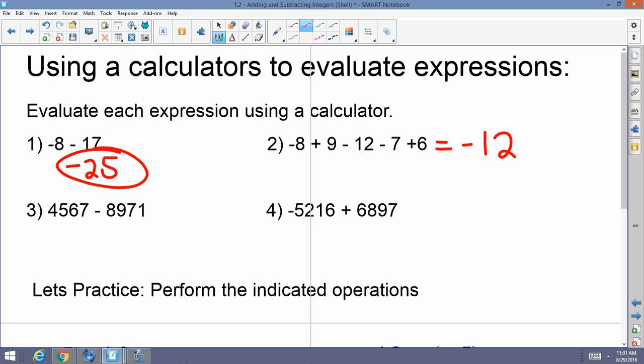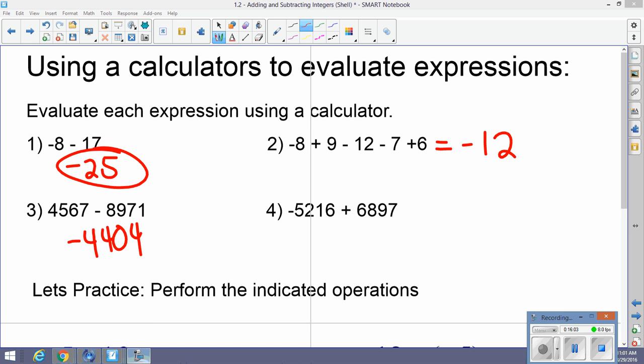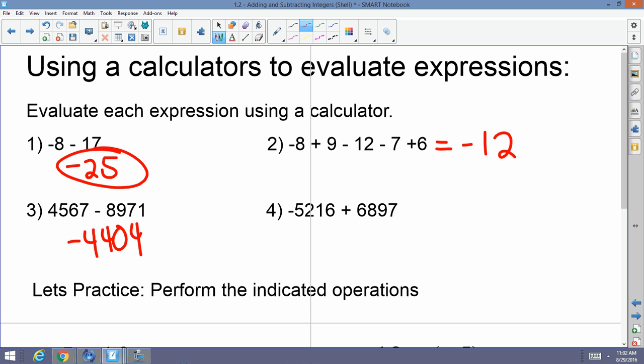4,567 minus 8,971. You don't have to use the negative sign there. It is the minus sign. When you start with a negative, like in example number 4 here, okay, so like I was saying, guys, when you're starting with a negative, you're going to go ahead and use the negative sign in your calculator, not the minus sign.